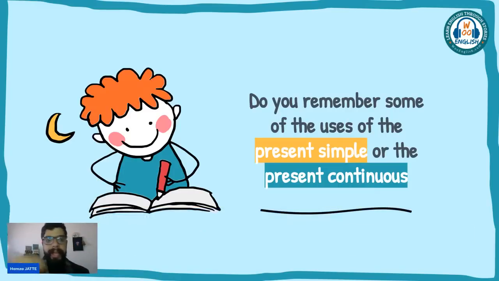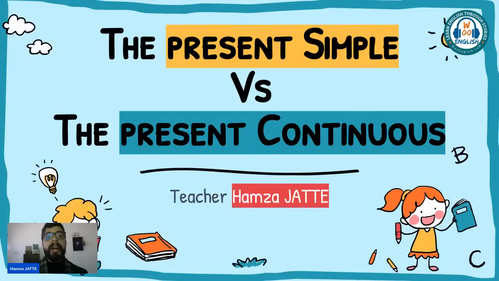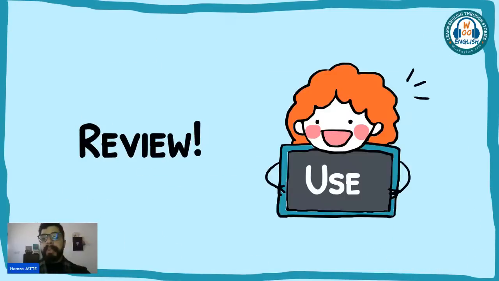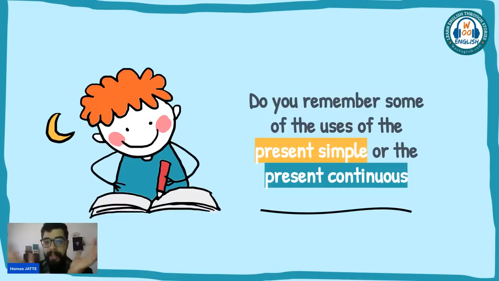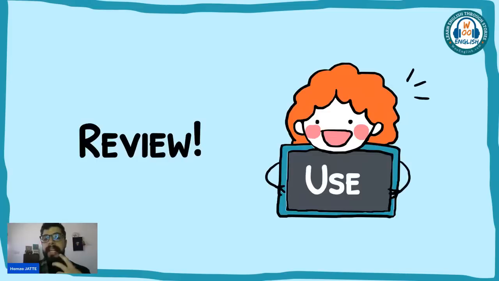You can do like Amin did, you can explain, or you can do like Gathika did, you can give us examples. Let me see one last comment before I go to the next thing. And a kind reminder that today we are comparing the present simple and the present continuous. The first question that we started with is related to the use. When do we use each one of them?